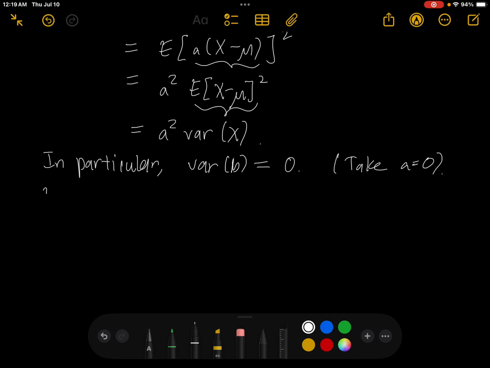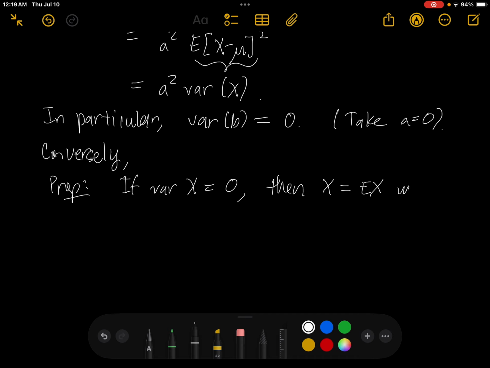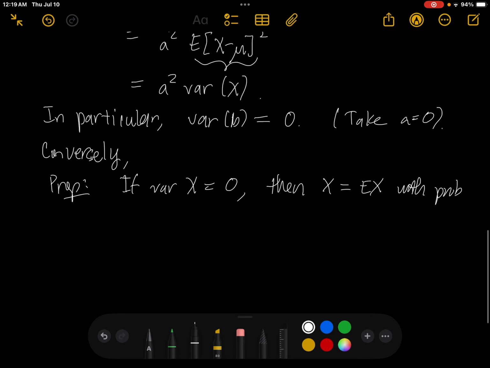Conversely, as you might expect, here's another proposition: suppose you have a random variable whose variance is 0, then X is equal to the expectation of X with probability 1.